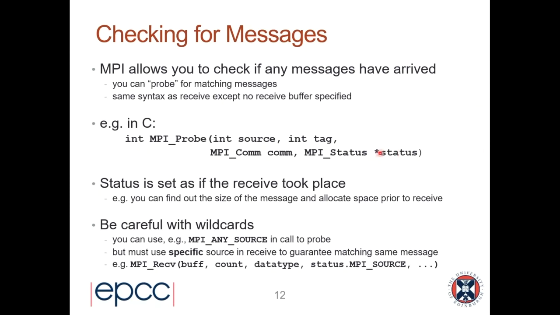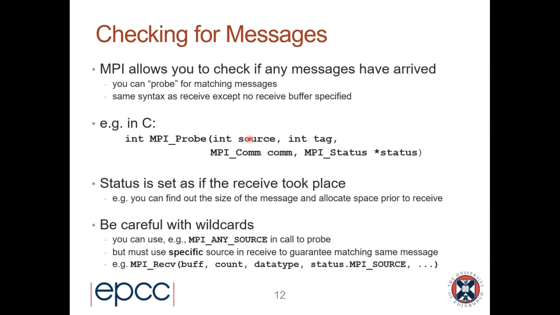Okay, good question. At this point, some people say, how can I receive messages of arbitrary length? Because you've just told me when I issue a receive, I have to specify a buffer, but I don't know how long the message was till I've received it. If the incoming message was too long, it will fail. There's a thing called probe. MPI probe has the same syntax as receive, but no receive buffer is specified.